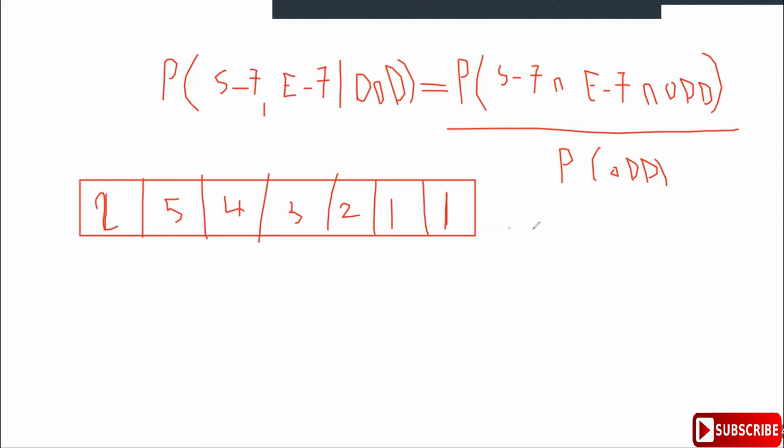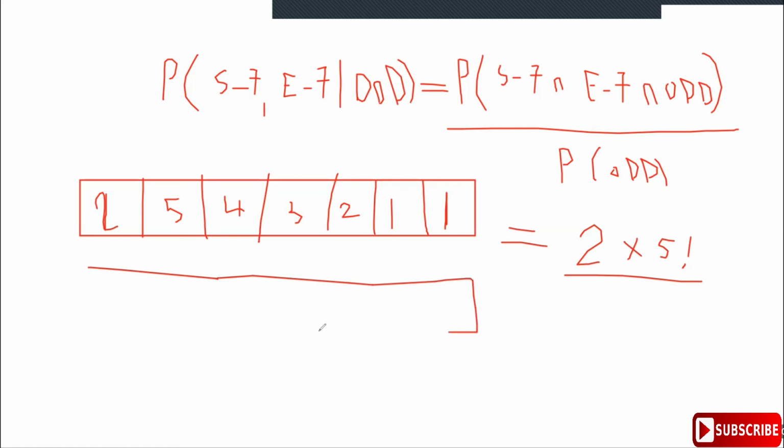So this probability is working out to be 2 times 5 factorial over the number of ways for it to be odd. Remember, we said for an odd number, it can end with either 7, 7, 3, or 1.